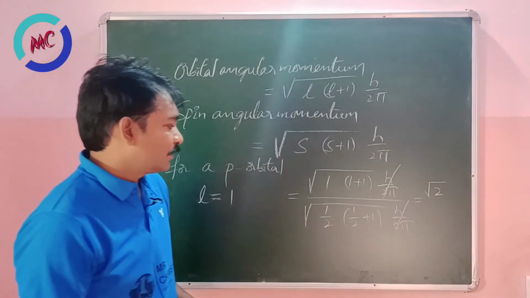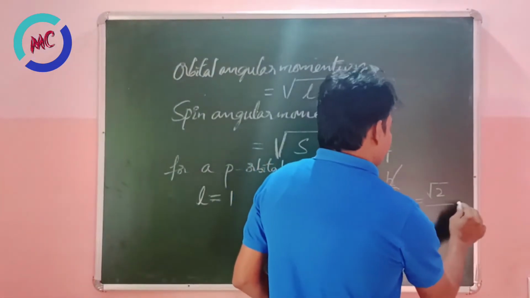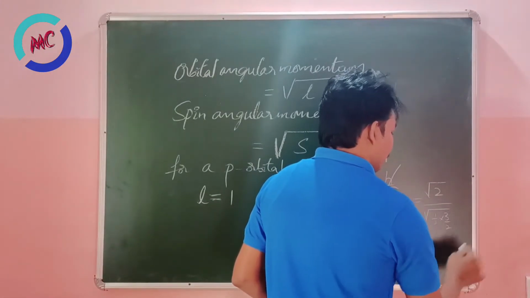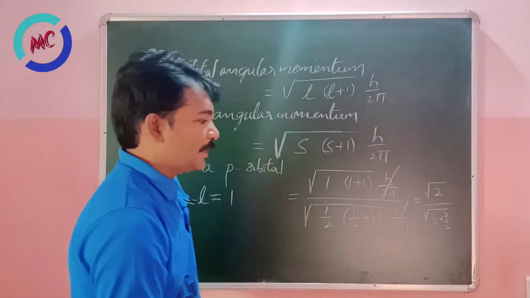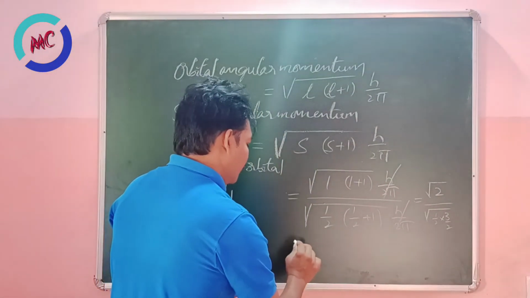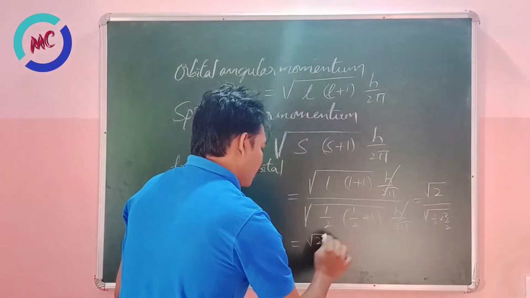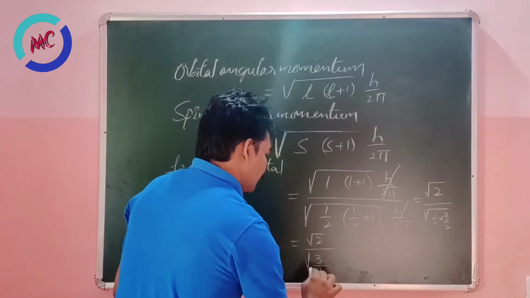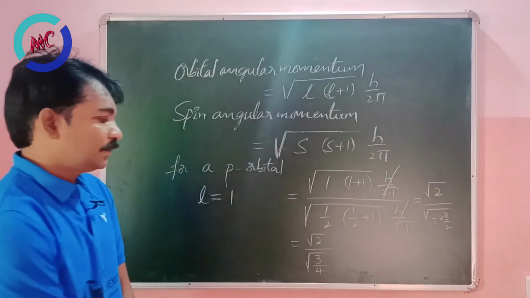Here 1 by 2 is there, root of 1 by 2 into 3 by 2, that is equal to root 3 by 4. So it is root 2 by root of 3 by 4.